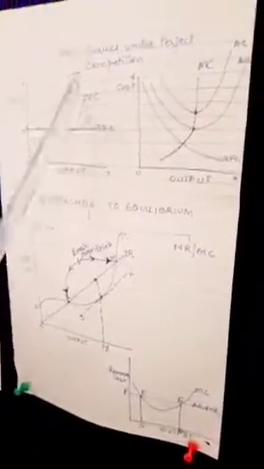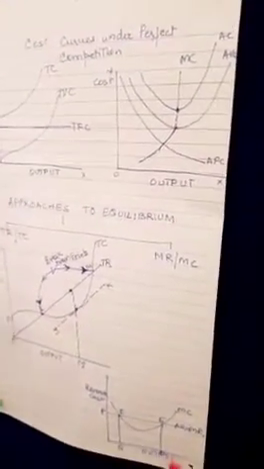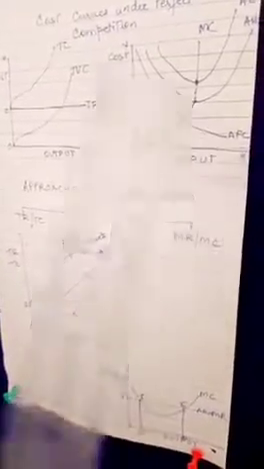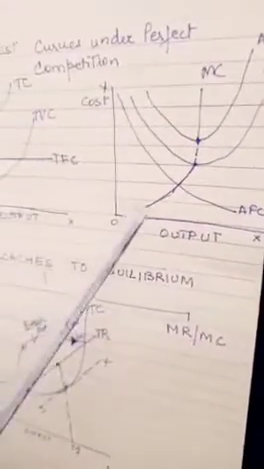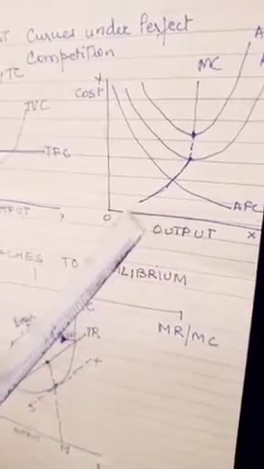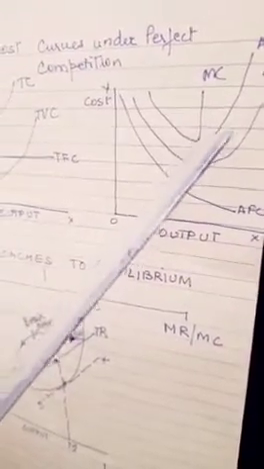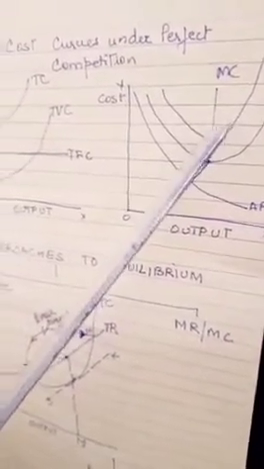Now when we divide all these by quantity, we get the average concept. Here it is shown the AFC, which is continuously falling, and then the AVC, and adding AFC and AVC we get the AC, which is average cost. And here the MC, marginal cost, is also seen, where it cuts the minimum point of AC.